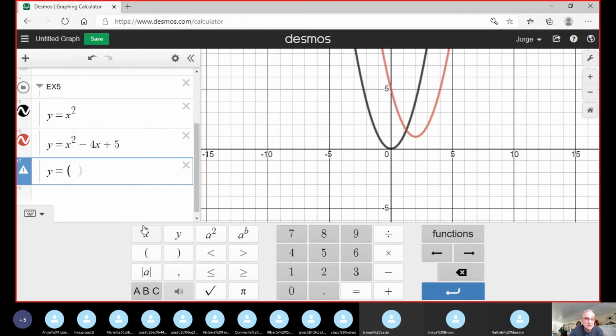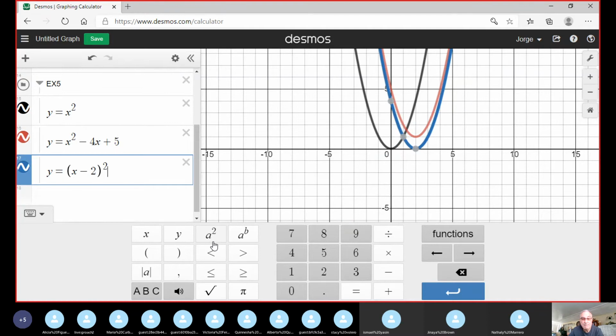So I open the parenthesis. Inside the parenthesis, I have x minus 2. Remember? Close the parenthesis. Square. That transformation only was a horizontal shift 2 units to the right. And remember we have plus 1, no? Okay, plus 1 is the vertical shift.